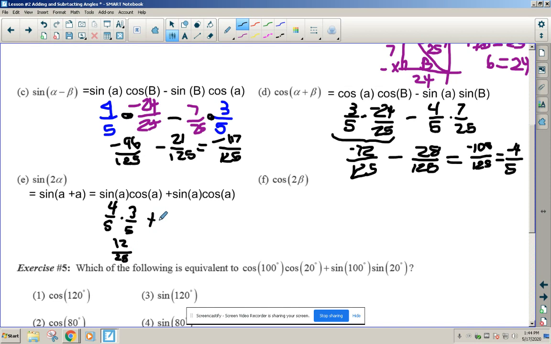And now I'm going to add this to, look at that, same thing, 4 over 5 times 3 over 5. And that's 12 over 25 and 12 over 25 added up gives me 24 over 25.